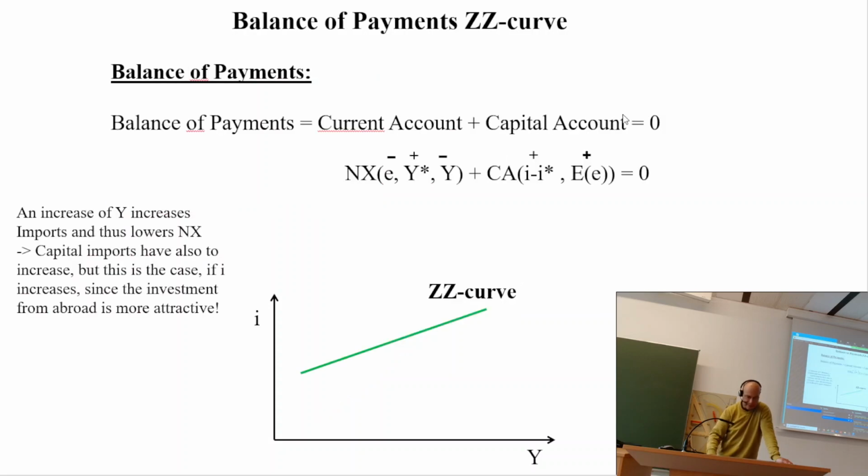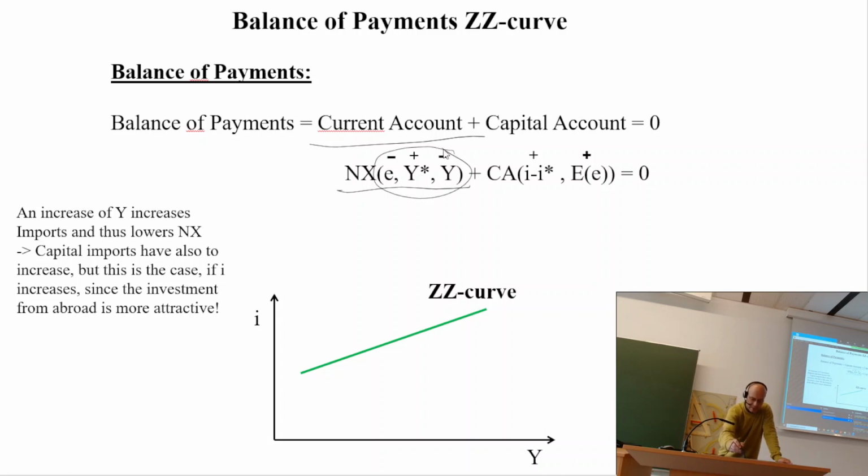And now we are looking at the balance of payments, and there we have the current account. Here we say this is roughly only the trade balance. We know there is also something else, but to be simple, we just use exports minus imports.